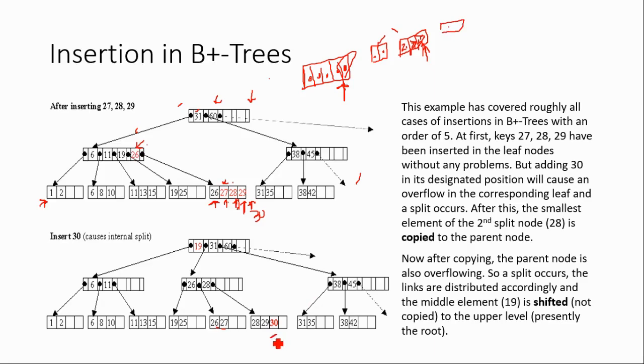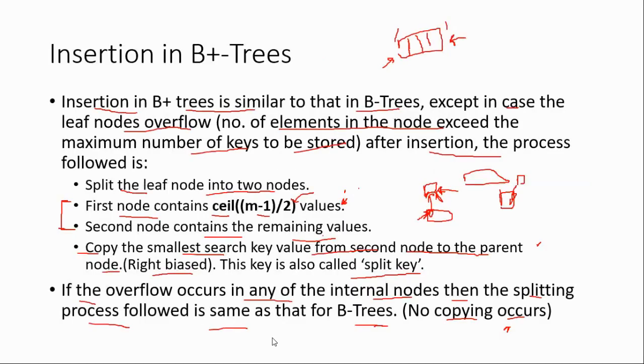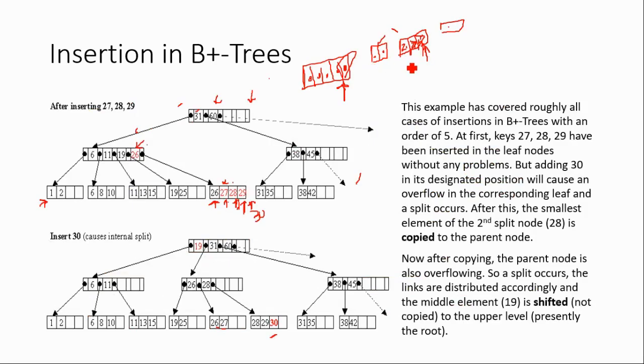Now, according to our condition, the next step is to copy the smallest key from the second node to the parent node. This node now contains 28, 29 and 30. What is the smallest element? 28 is the smallest element.